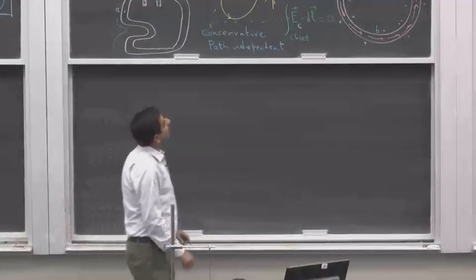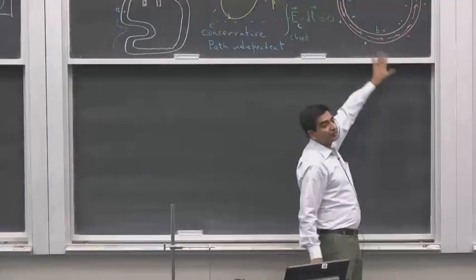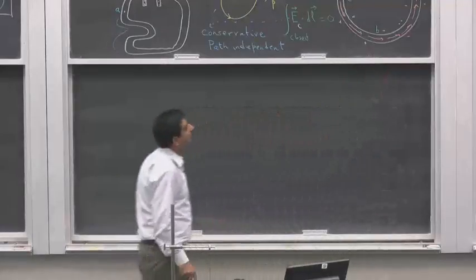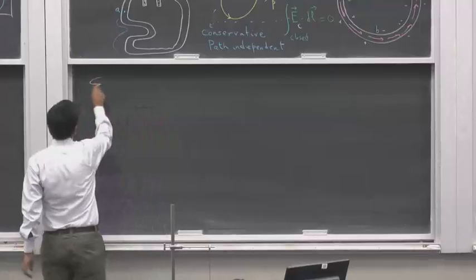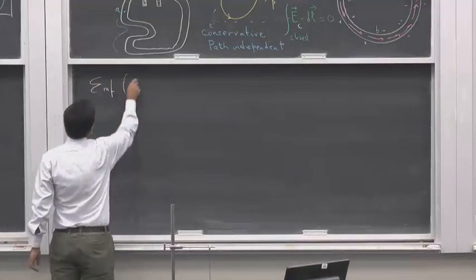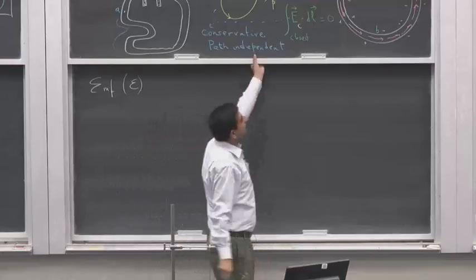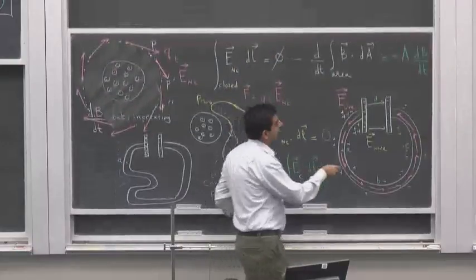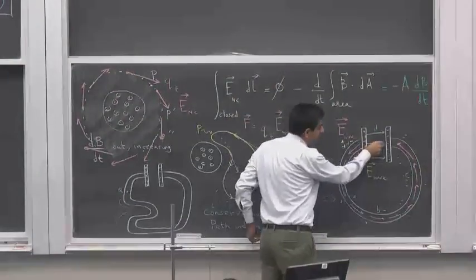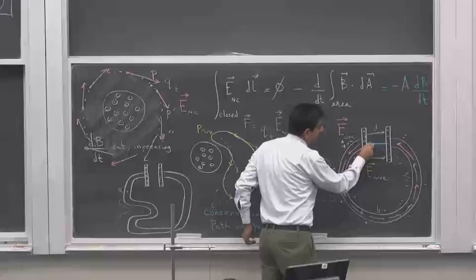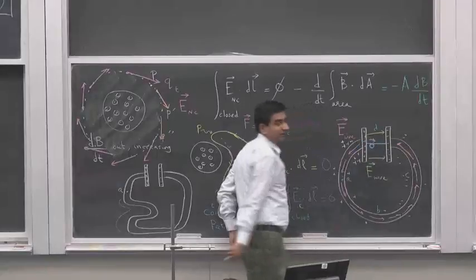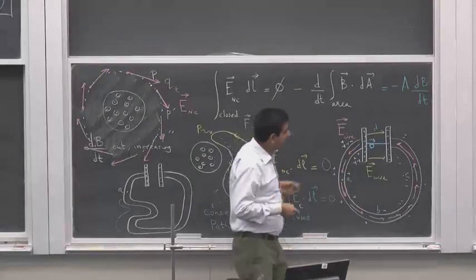In this particular case of a conservative electric field, I can define the EMF of a battery. EMF, and I denote this by E. Inside this battery, what's happening is I can model this battery as a conveyor belt that is being operated by a pulley, and the conveyor belt is shifting.